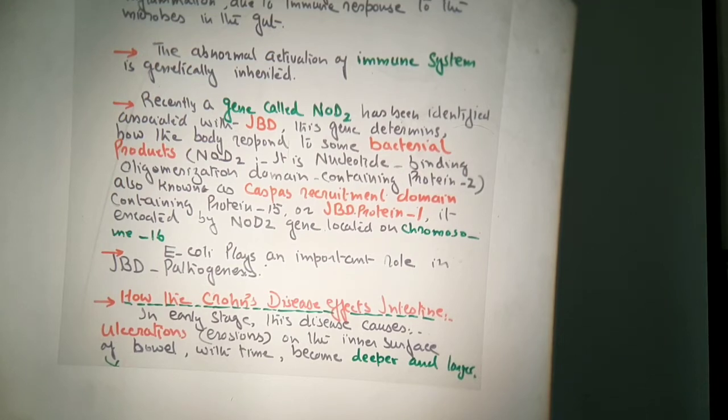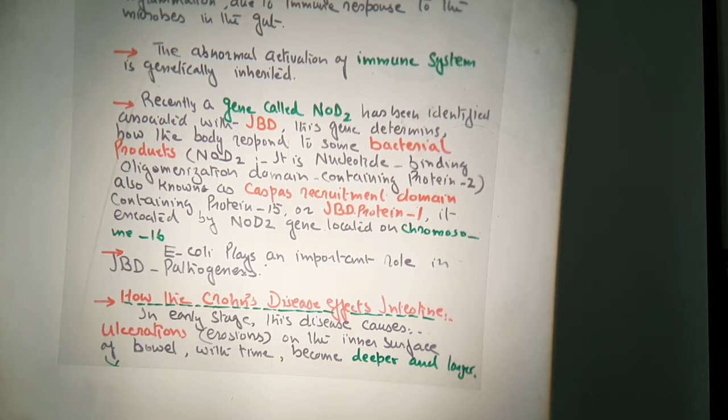Recently a gene called NOD2 has been identified. What is the name of the gene? That is NOD2, which has been identified as associated with inflammatory bowel disease. This gene determines how the body responds to some bacterial products.